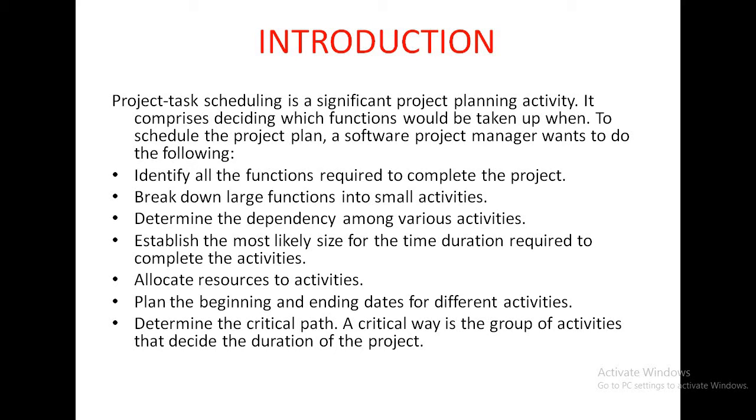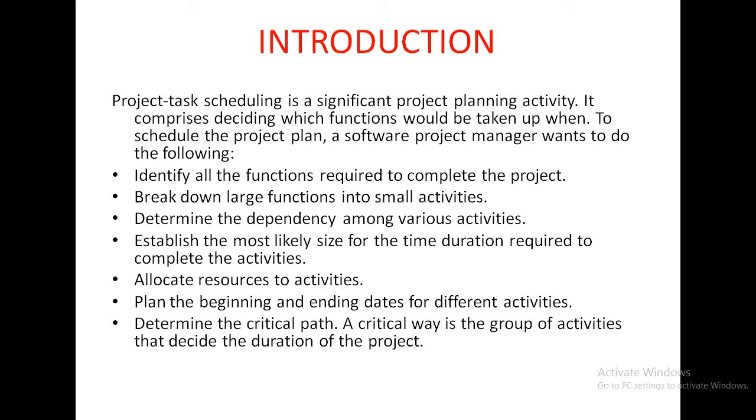Then the project manager determines different types of dependency among different functions: how one function is dependent on another function, or one function's result is dependent on another function. Then he determines the time duration in which each function will be completed.